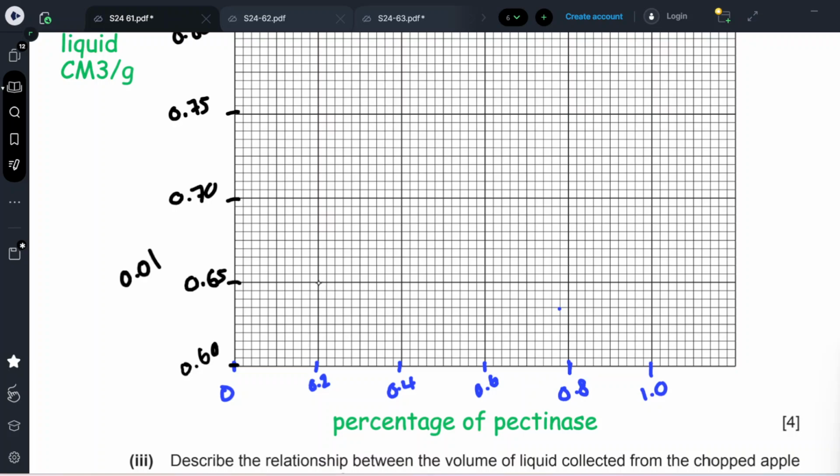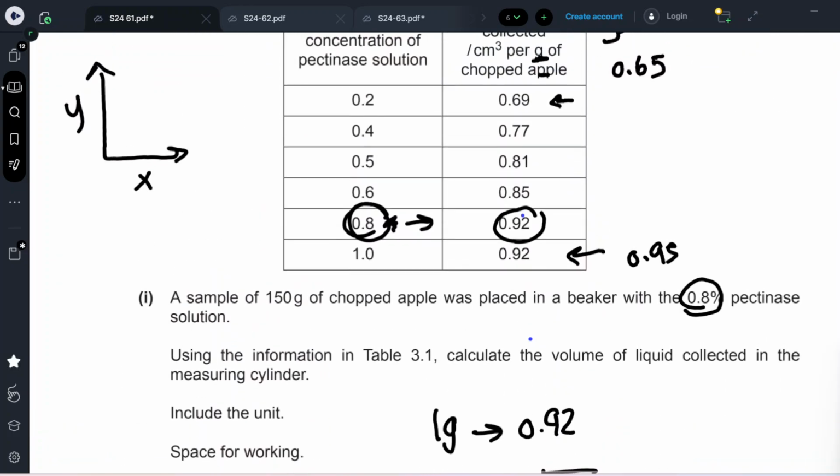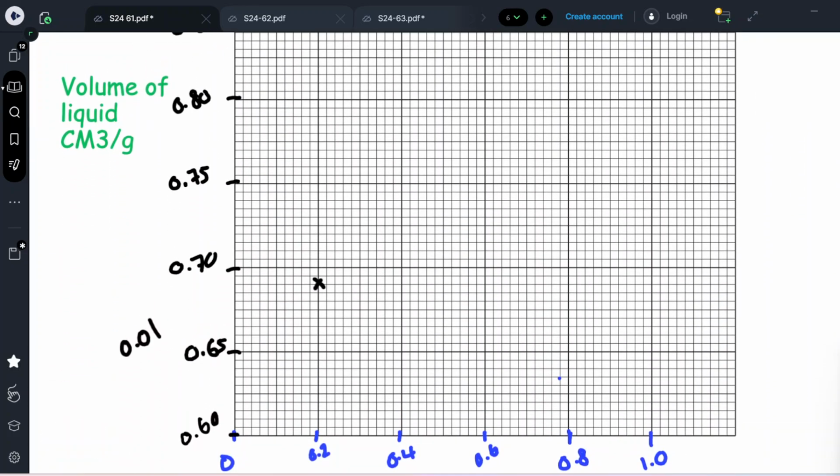So this is 0.65, 66, 67, 68, 69, and then 70. At 0.4, it was 0.77. 76, 77.